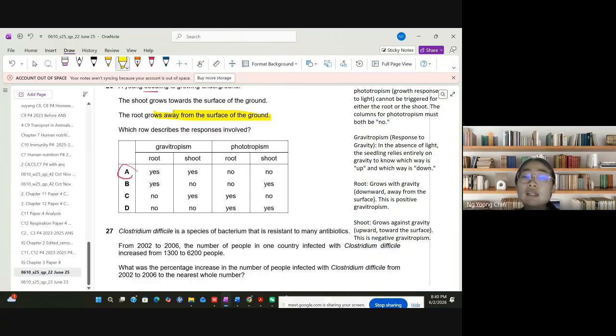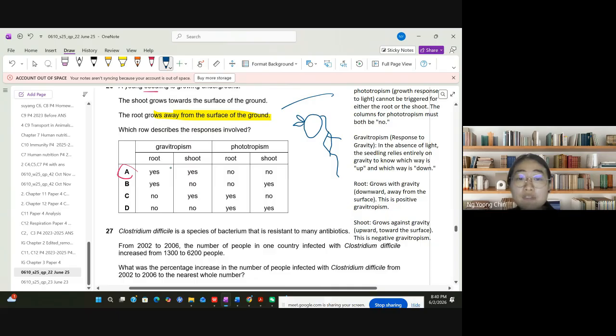Just imagine, this is a seed, and this is the roots part, and then this is their first leaf, like this. So that's why the root will show positive gravitropism.